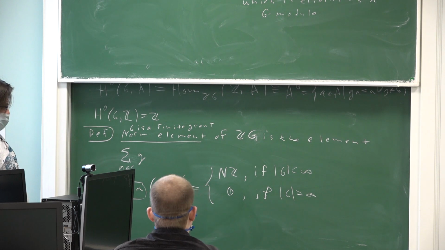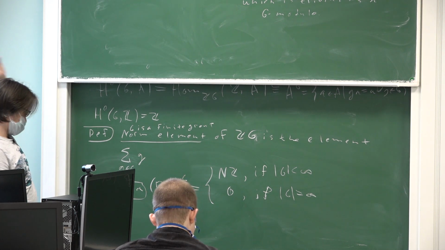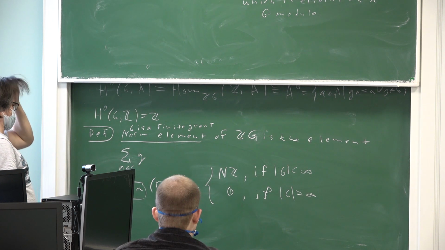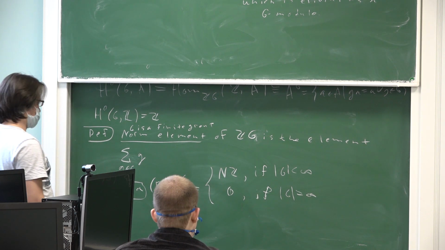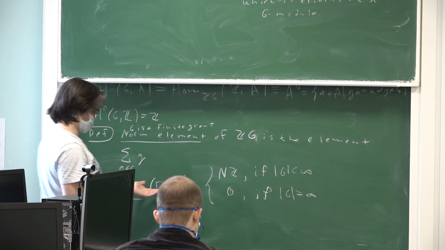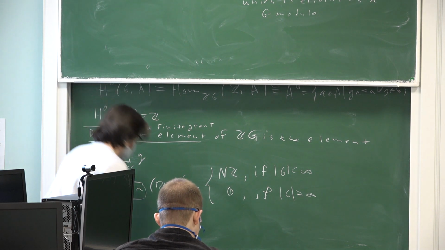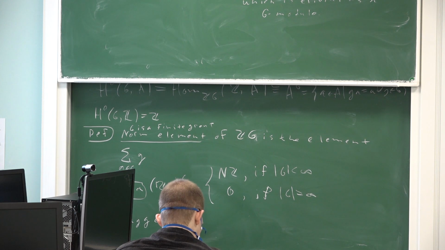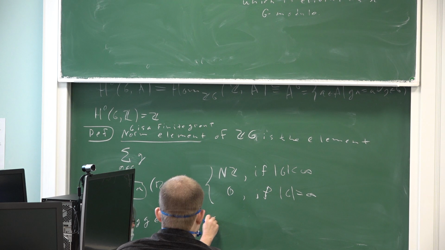Well, it's not very difficult. Because if you have some element from ZG invariant, then you can write it as the sum of a_g times g, with a_g integers.